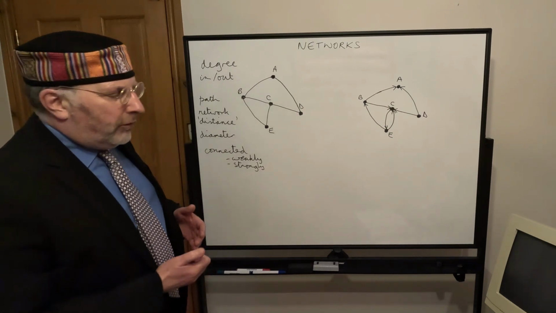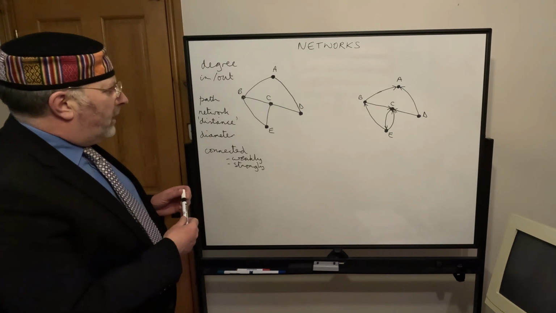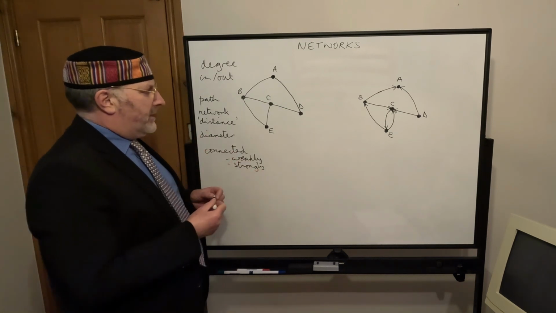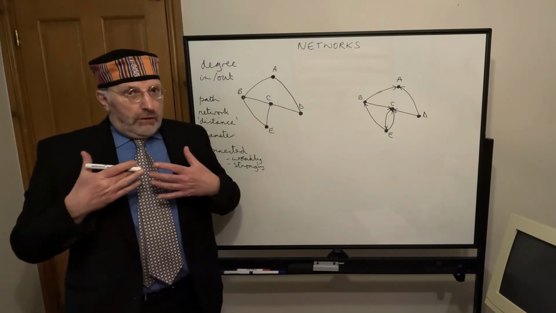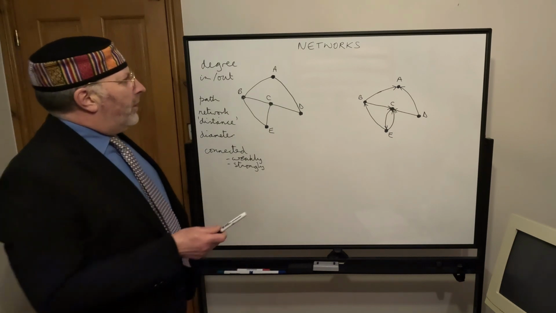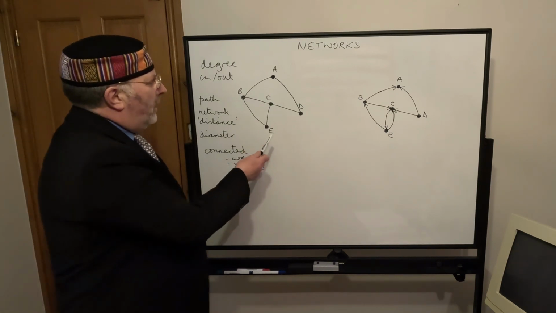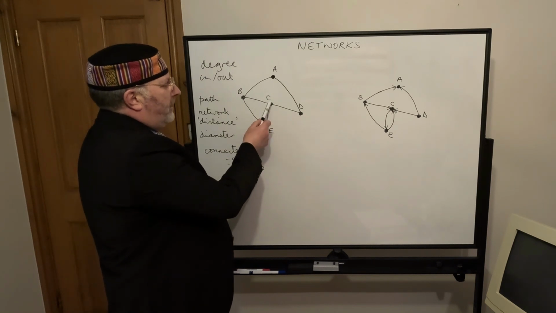And we can also talk about the degree of connectedness of a network, or how connected it is, in terms of how many nodes you would have to remove from the network in order to make it disconnected. If we look here, for example, we might ask, what happens if we take away node C?